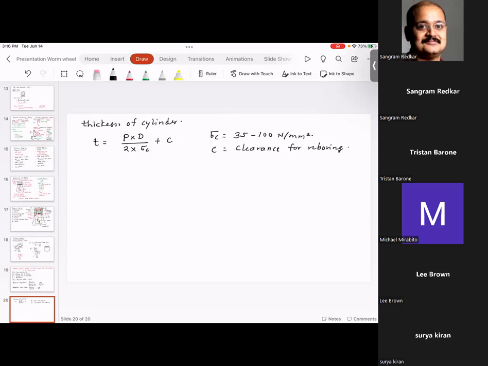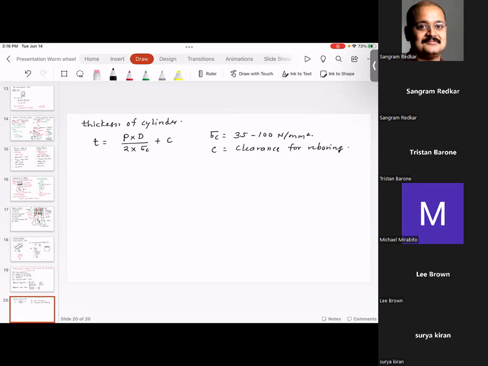So what happens is, as you use these pistons and cylinders again and again, after some time, because of friction, the cylinder gets worn out, and you need to remachine the internal part of the cylinder.